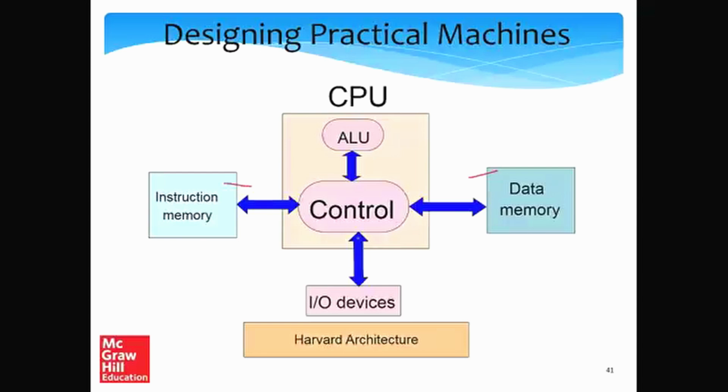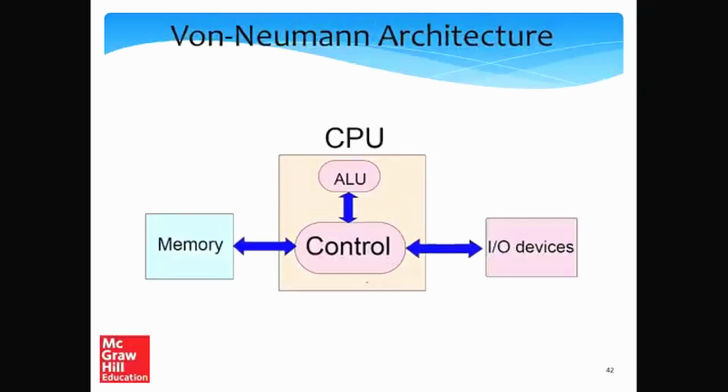Once the results are computed, they are communicated to input-output I/O devices such as a monitor or a printer, and we can see the results. The other is a von Neumann architecture, where the data and instruction memory is fused into one. That's the only difference.